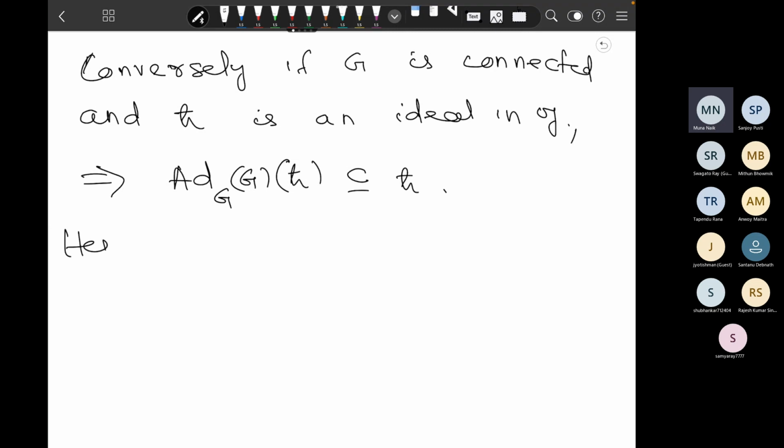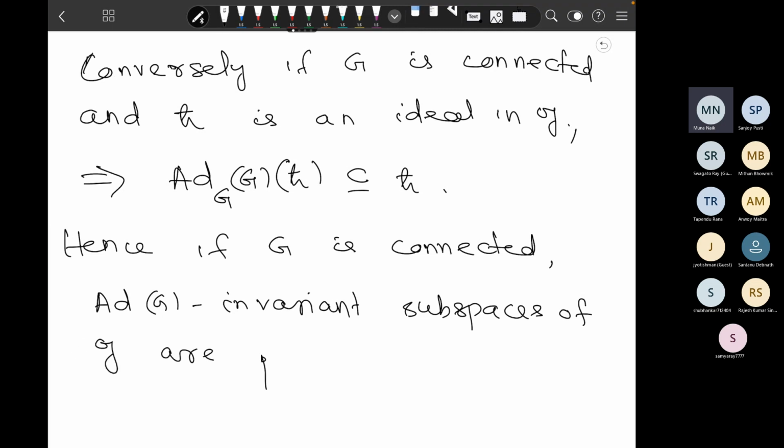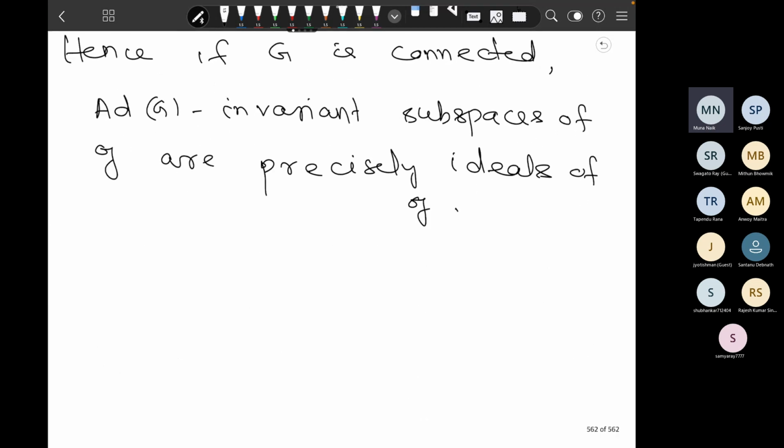So hence, if G is connected, Ad_G-invariant subspaces of g are precisely ideals of g.